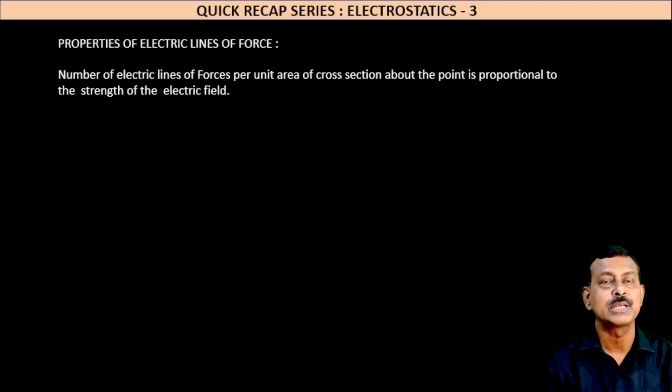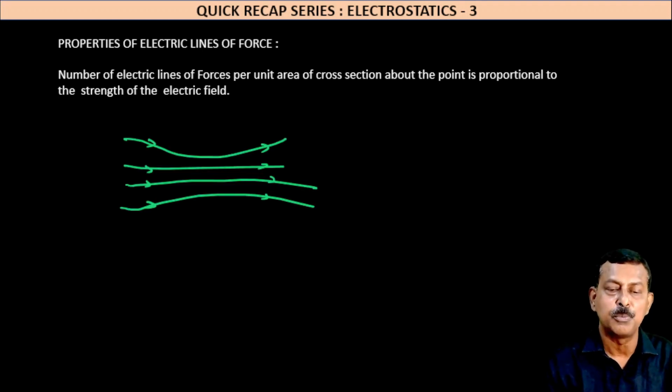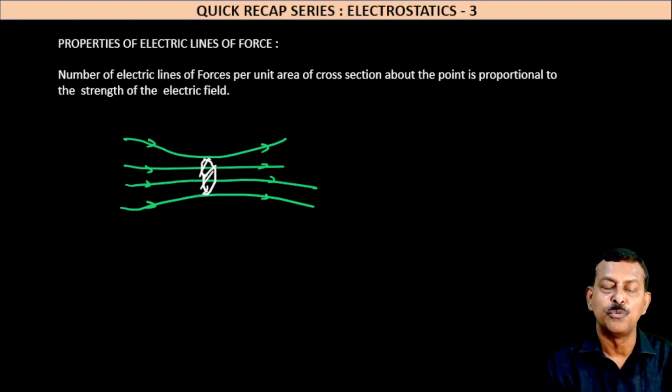The number of electric lines of forces per unit area of cross section about a point is proportional to the magnitude of the electric field at that point, or strength of the electric field at that point. Suppose if I take one point here, and if I take any cross-sectional area, then the number of electric lines of forces per unit area about this particular point will give you the strength of the electric field at that point.